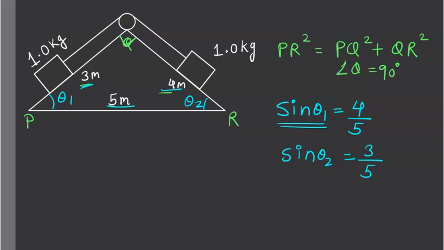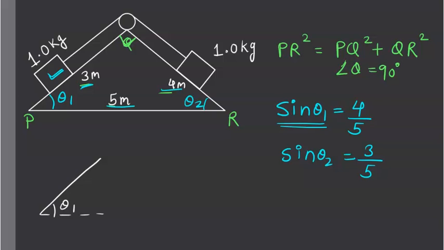Now let's draw the free body diagram of this 1 kg mass, which is towards the left. I will again draw the surface of the wedge, like this. Let's increase the angle. And this is angle theta 1.